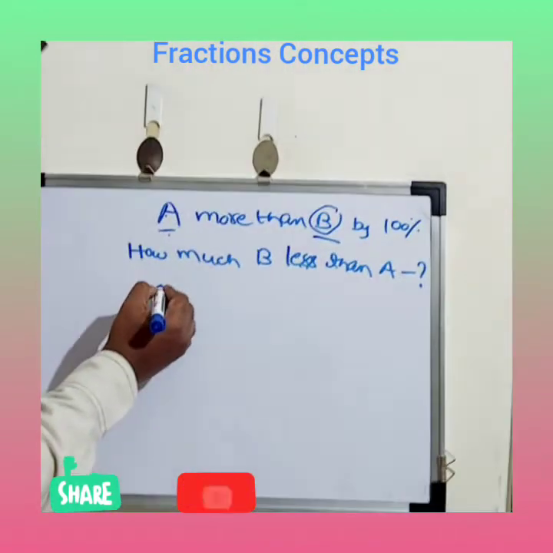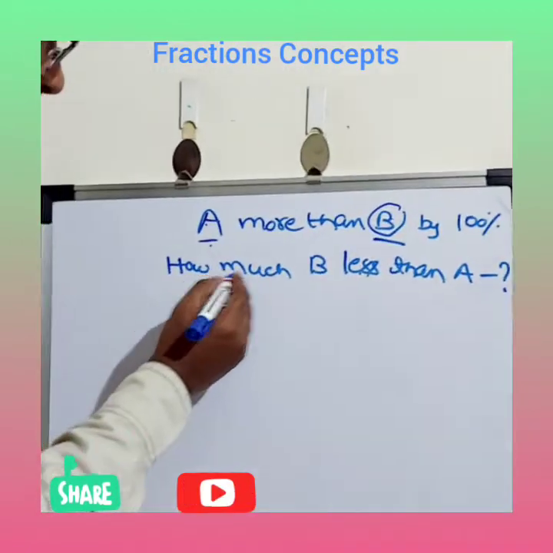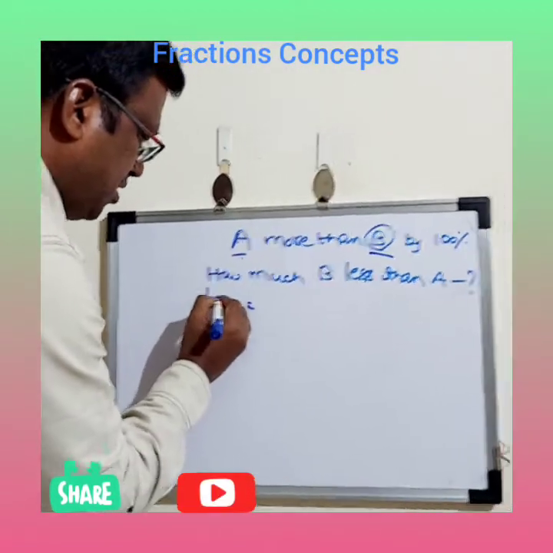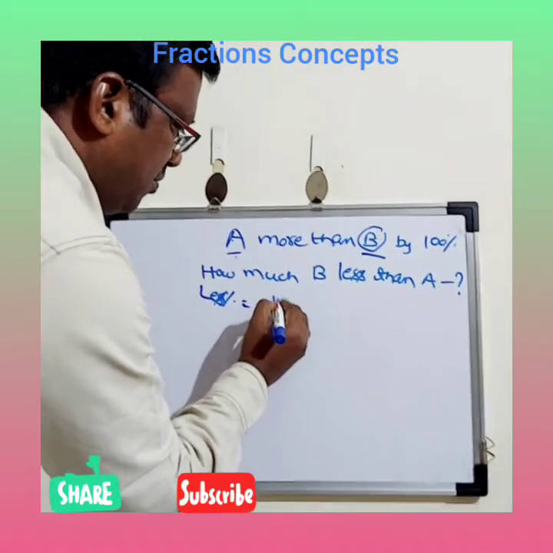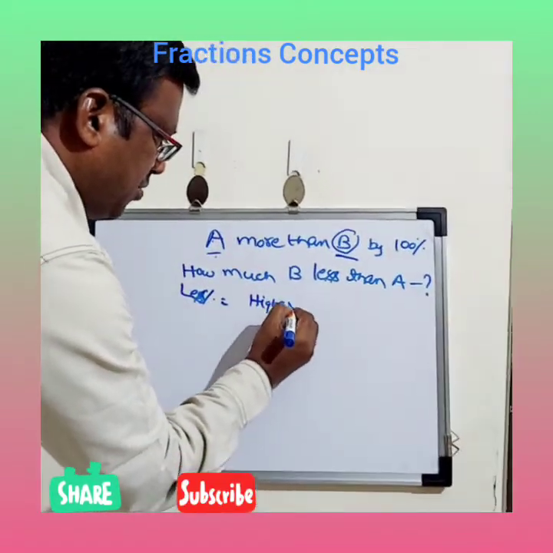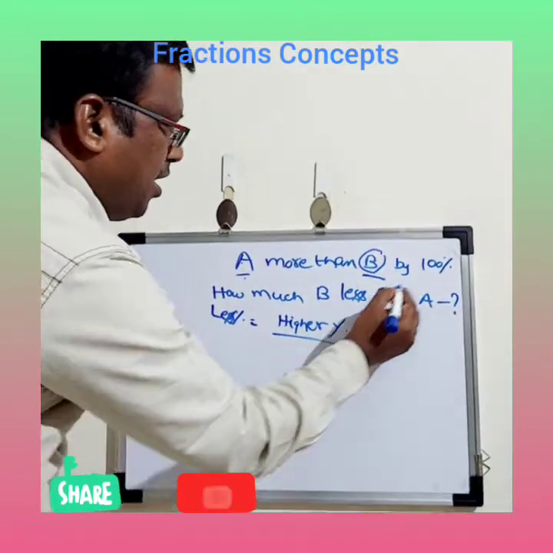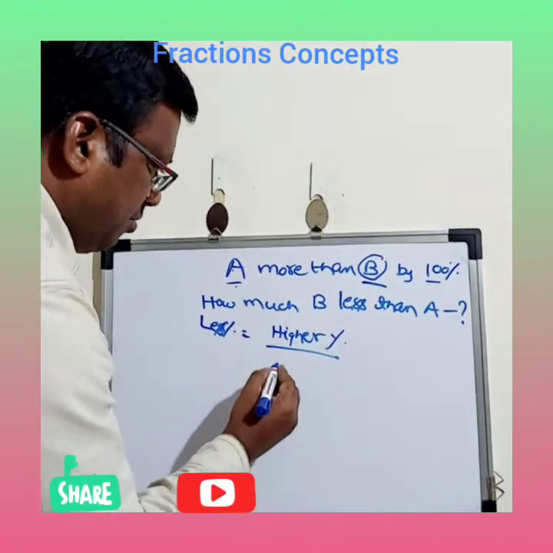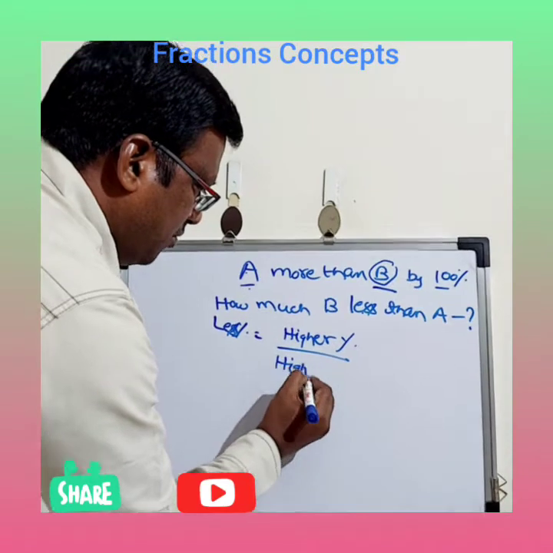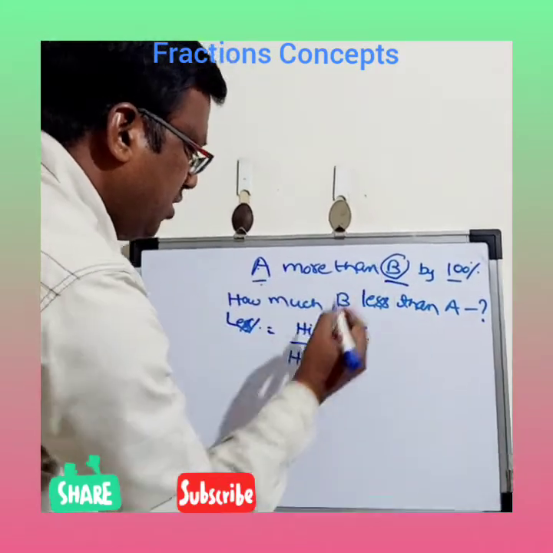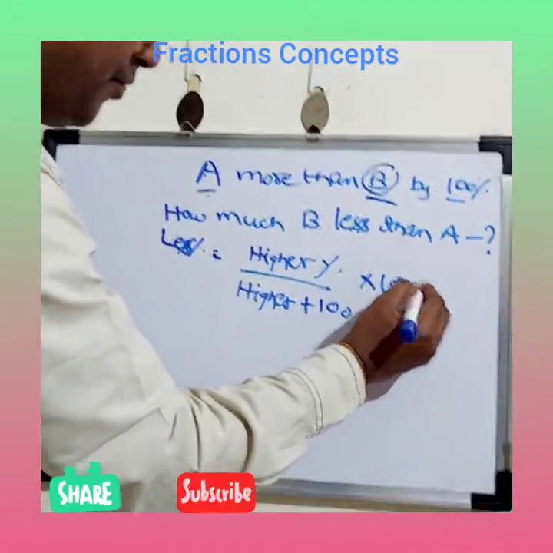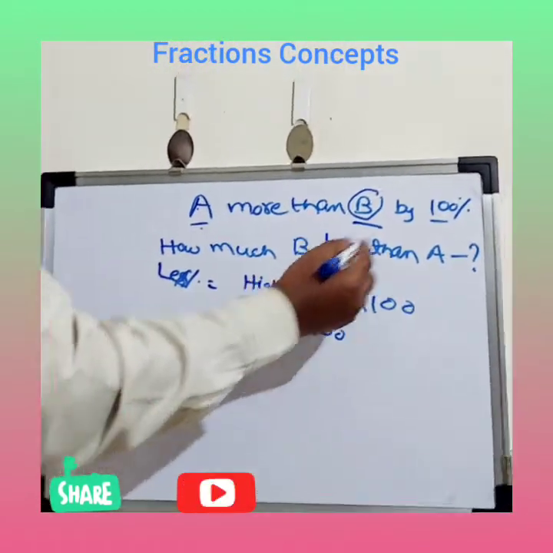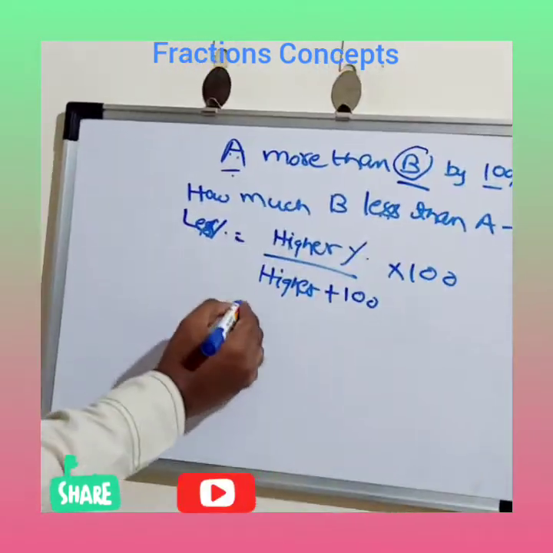The less percent formula is higher percent by higher percent plus 100, into 100. Higher percent is what? A is more than B by 100.